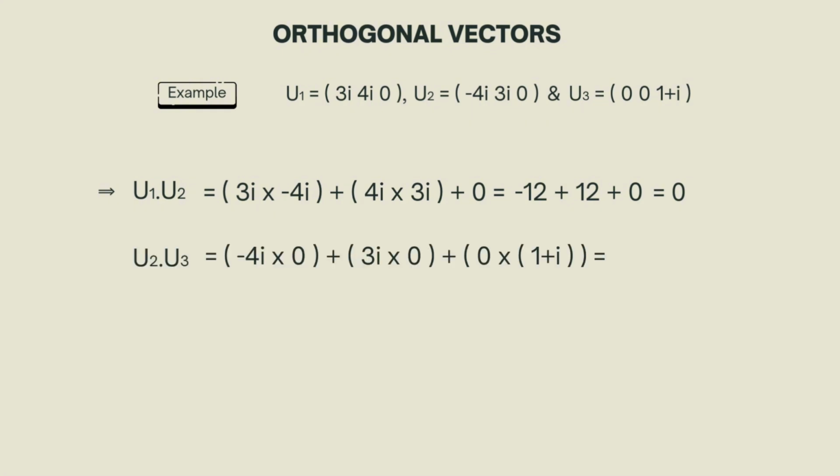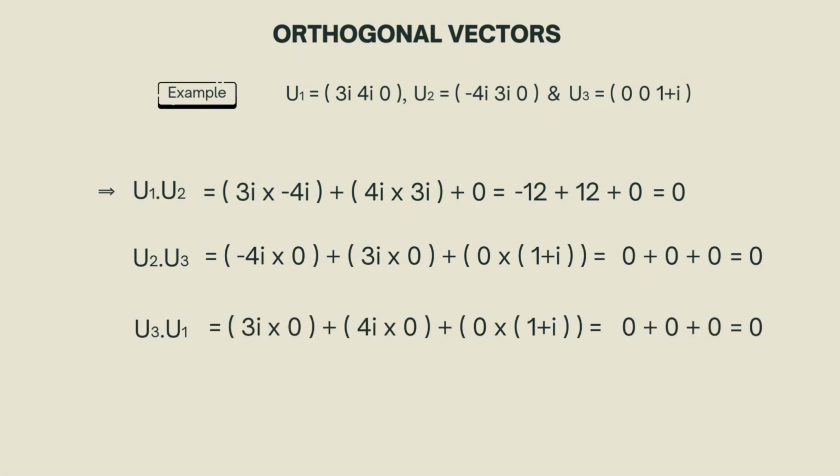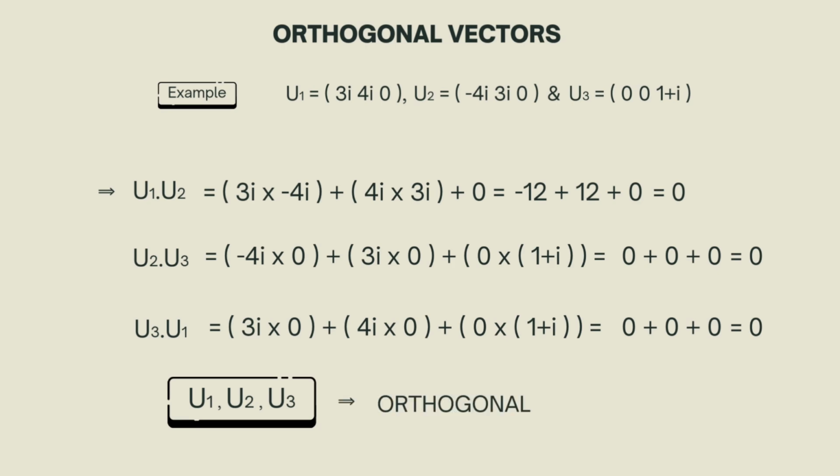We get the dot product of u2 and u3 as 0, and also the dot product of u3 and u1 is 0. By observing all the three dot products, we can say that all the three given vectors are orthogonal to each other. Now, let's proceed to orthonormal vectors.